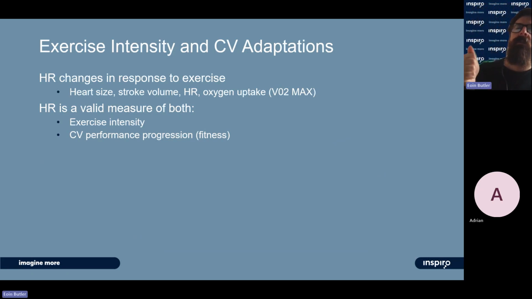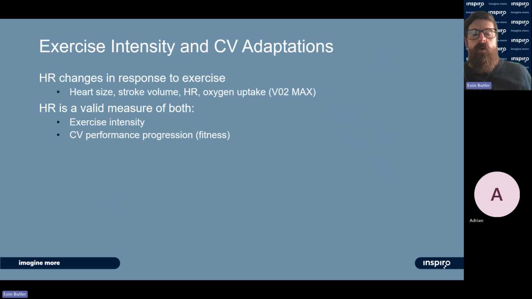We can also use heart rate during exercise to see if our clients are improving at a certain exercise intensity level. So, for example, if I've got a client who is working on the treadmill 10 kilometers per hour for 10 minutes, and we measure their heart rate in 6 weeks' time, after training for that 6 weeks, what should we see that heart rate be, higher or lower for the same activity?